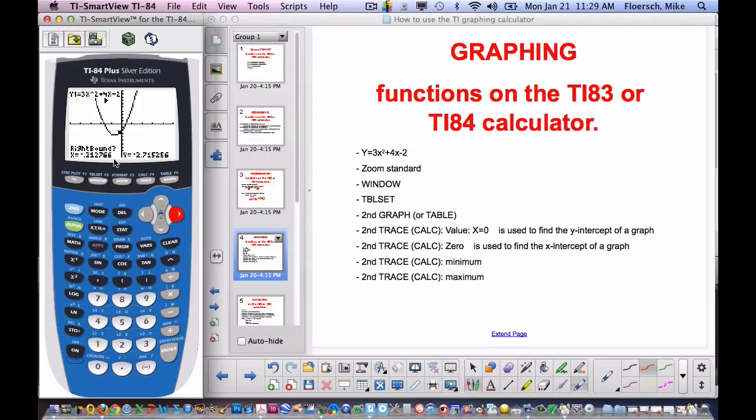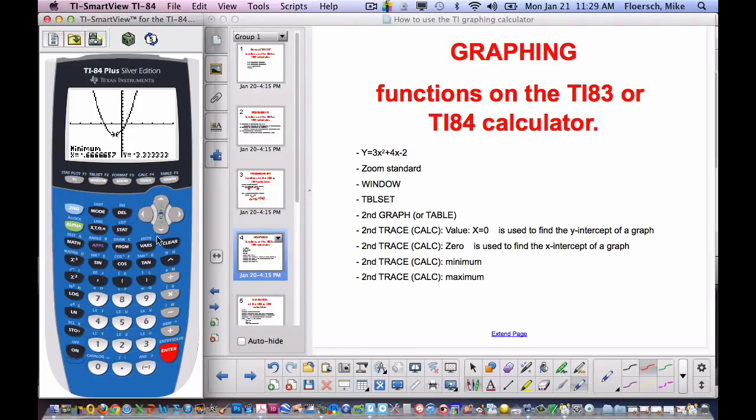There's my cursor. Right bound, I hit enter. It'll guess between those 2 points. I hit enter. My minimum is at negative 0.67 or negative 2/3 when my y value is negative 3.33 repeating. That's my minimum point, my lowest point of my parabola.